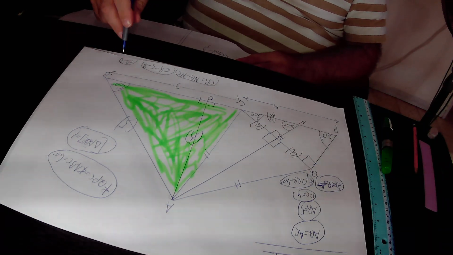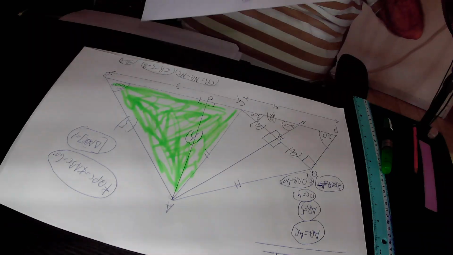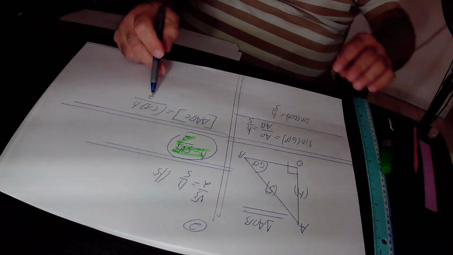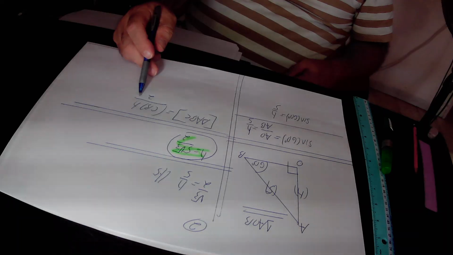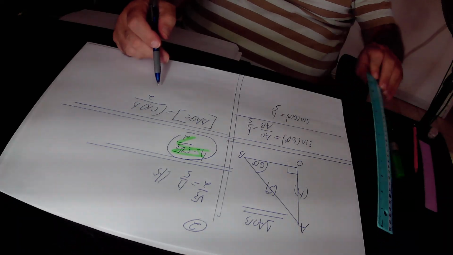Again, the area of this green triangle ABC is equal to the base CB times the height to the base, that is h, over 2.